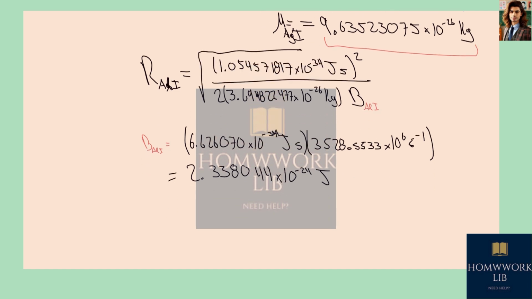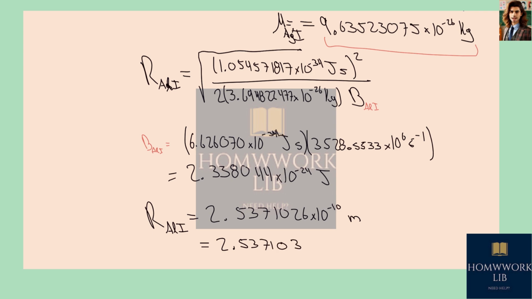So replacing that value in our equation, the result for R is going to be equal to 2.5371026 times 10 to the minus 10 meters, which is the same as saying 2.537 angstroms. Remember that 1 angstrom is equal to 10 to the minus 10 meters.